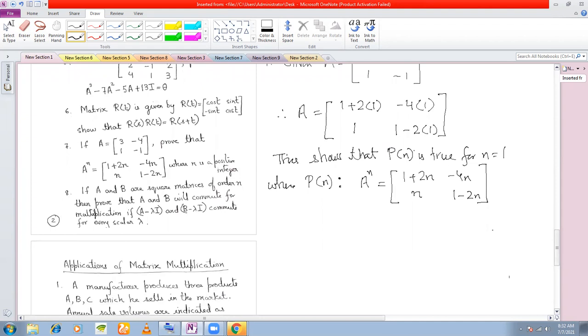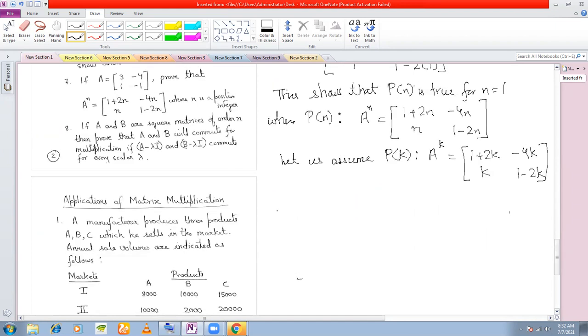Okay. Now we shall assume the statement for n is equal to k. Let us assume Pk. What is Pk? That is A to the power of k is equal to 1 plus 2k, minus 4k, k, 1 minus 2k, right?